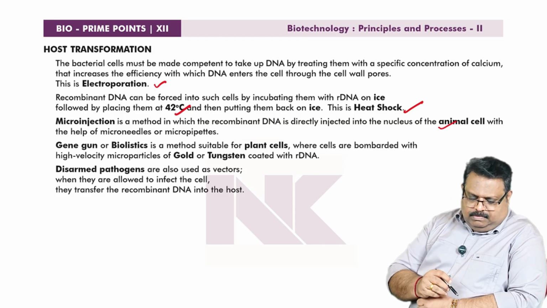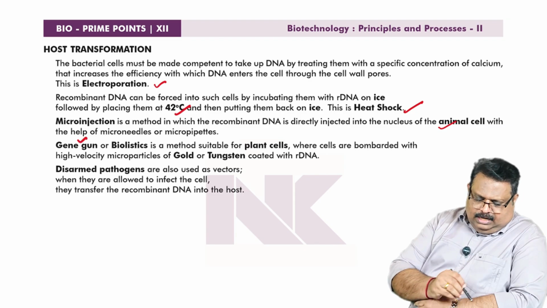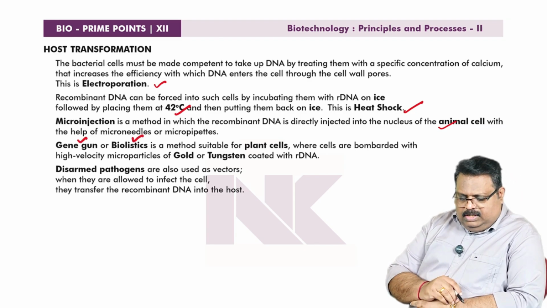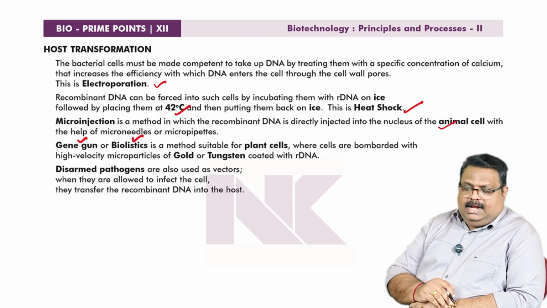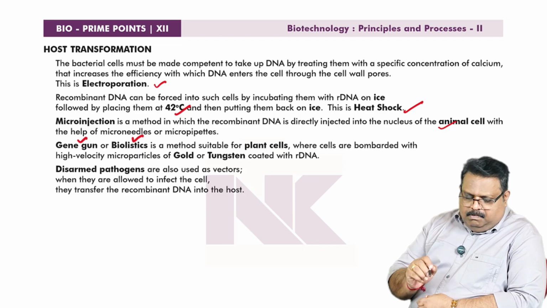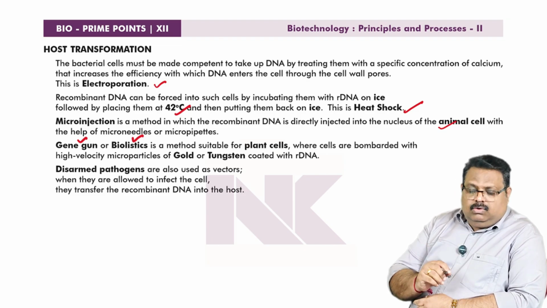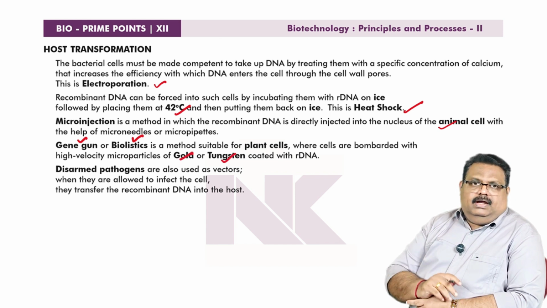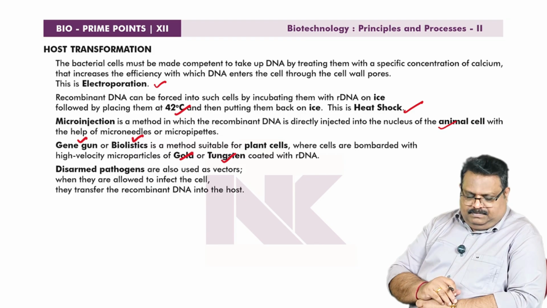Another mechanism is used. That mechanism is called gene gun or biolistics. Gene gun or biolistics is a method suitable for plant cells, where the cells are bombarded with high velocity microparticles of gold or tungsten coated with the recombinant DNA. That is called gene gun.